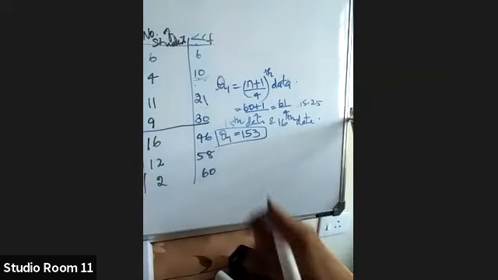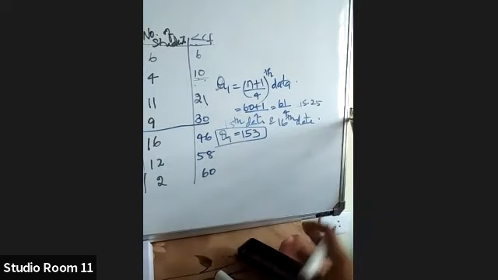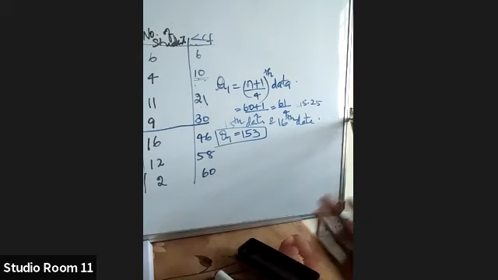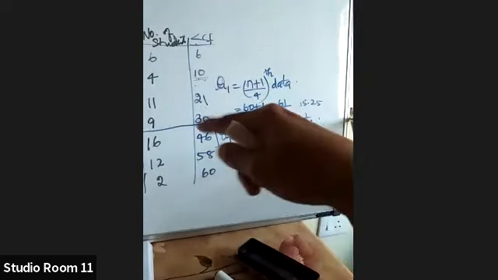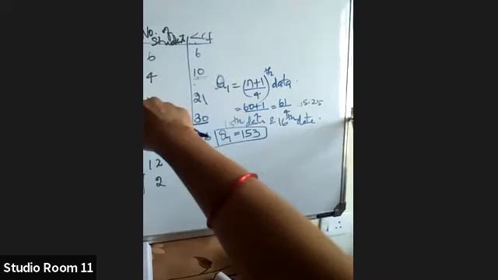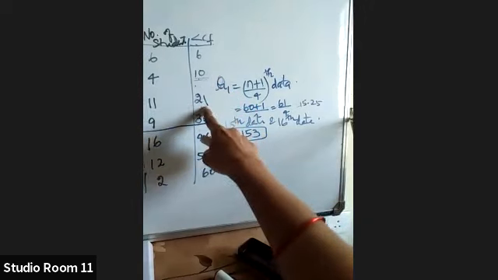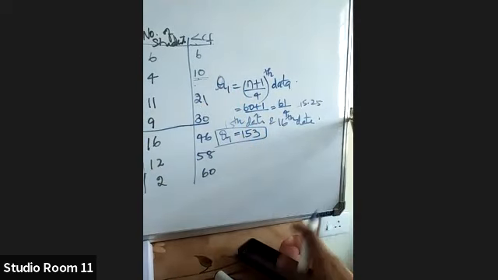If you take the average and simplify, you get the same, 153 plus 153 by 2. If the data is split, then you have to add the two and divide by 2. Here it is the same. Up to 10 it is 152, and the 11th to 21st all have the same data, so you can write 153 itself.